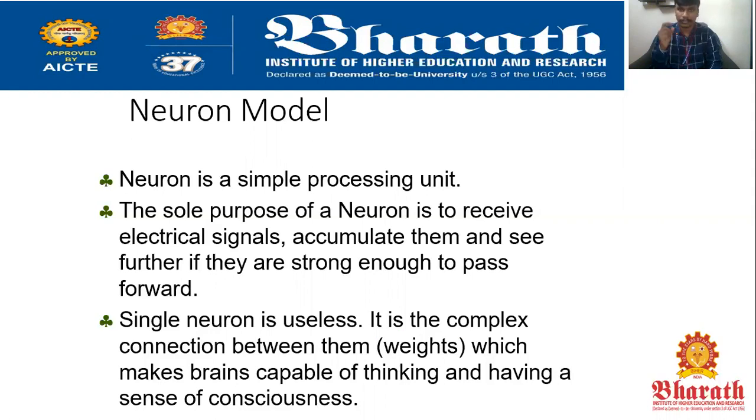So a single neuron is considered useless, and it is the complex connection where multiple neurons are made together as a connected network, which has the ability to think, analyze, process, and sense consciousness. That is known as neuron model. So neuron model means connectivity of neurons as a single large structure for thinking, processing, monitoring, analyzing, and having a sense of consciousness. This is known as neuron model.